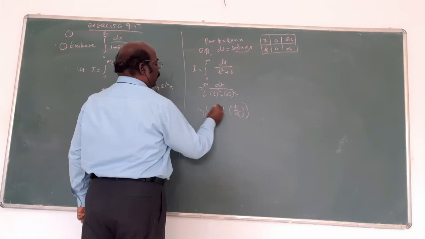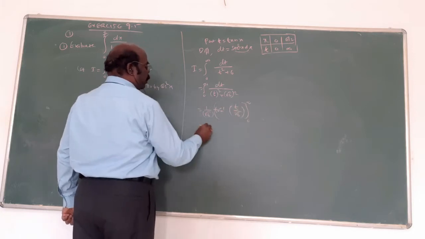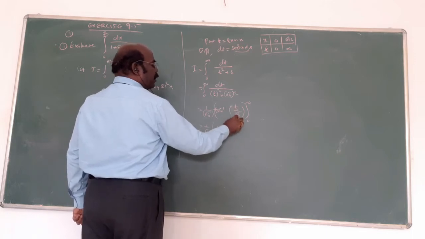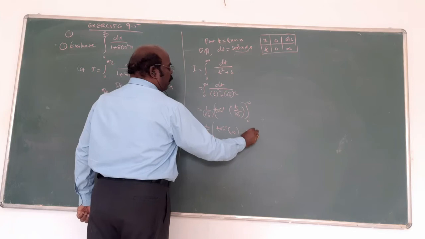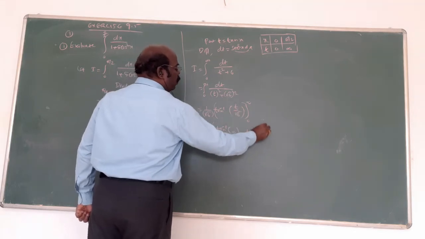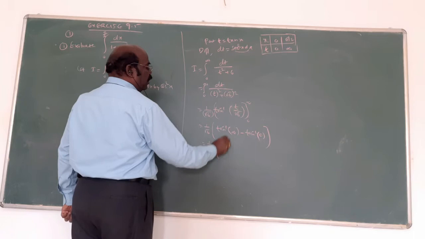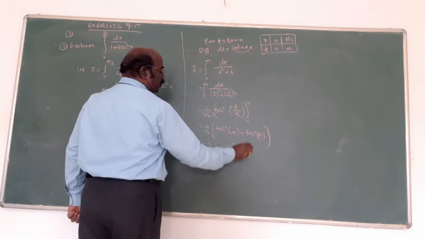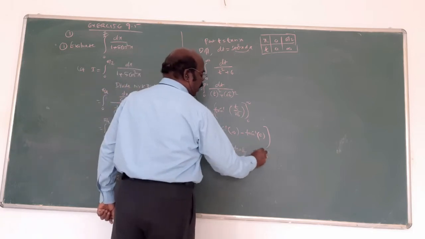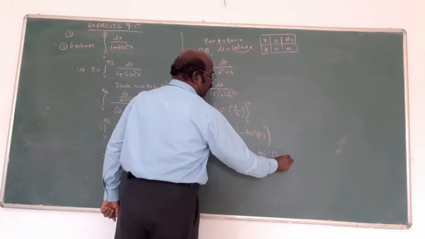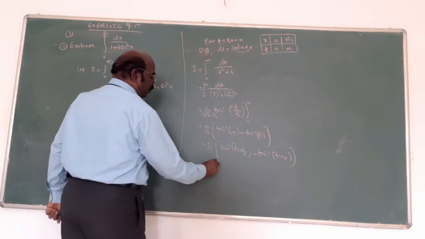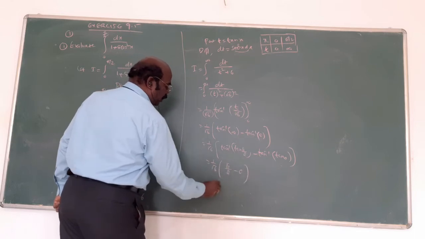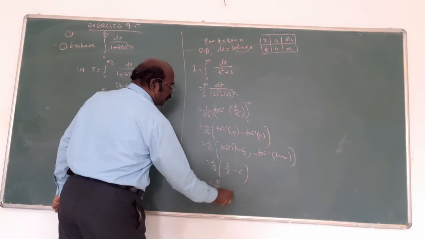Now what is the limit? 0 to infinity. 1 by root 6 tan inverse of infinity by something is infinity. Tan inverse of the lower limit 0 by something is 0. Once again, infinity can be written as tan pi by 2, minus tan inverse of 0 which is tan 0. Therefore 1 by root 6 times pi by 2. That is the answer.